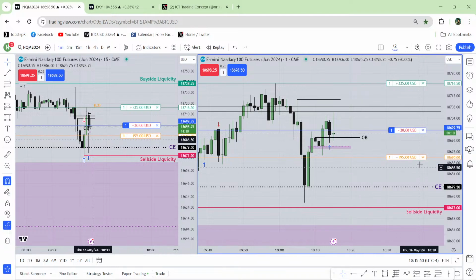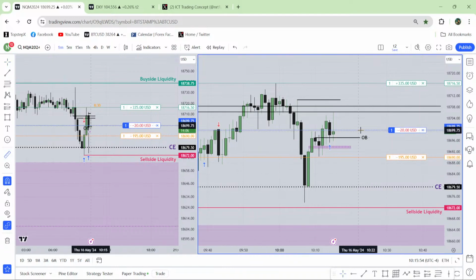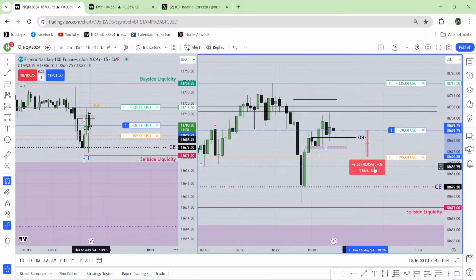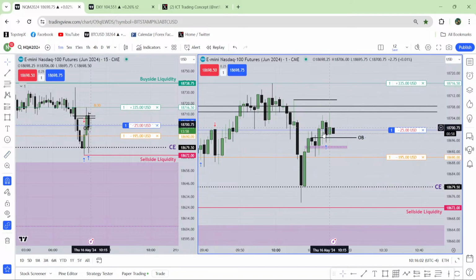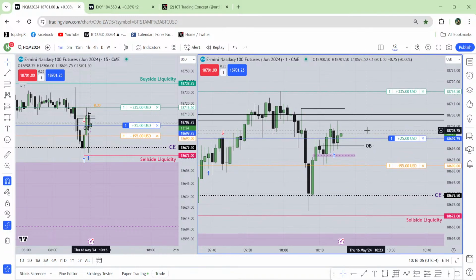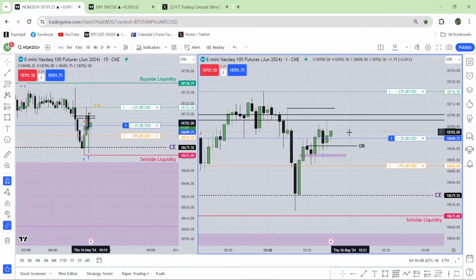All I'm seeing is I have a very small stop loss, from here to here. So 9 handle. If I get an opportunity, I will trail my stop loss. Right now, I don't have any opportunity, so I have to let my stop loss hit, or let it go above this fair value gap.